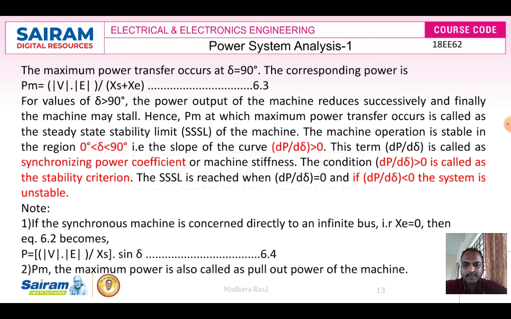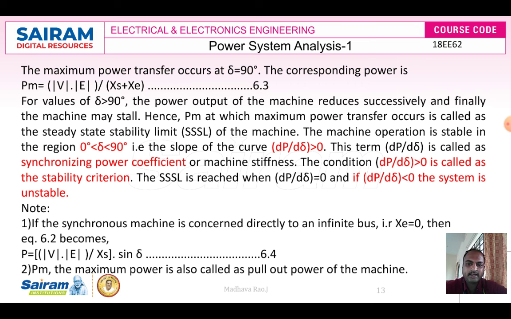Greater than 0 means synchronizing power coefficient, also called the stability criterion. When dP by d delta is equal to 0, it reaches the SSL, the steady state stability limit, and when it is less than 0, the power system is unstable.